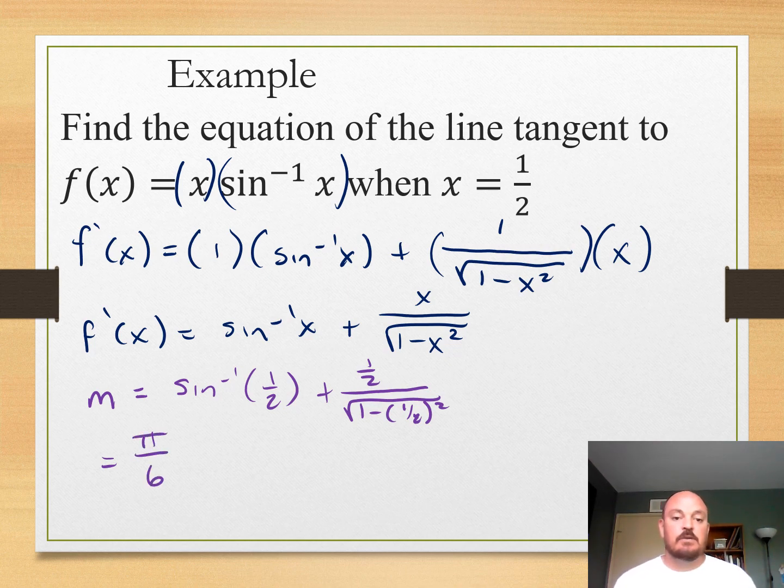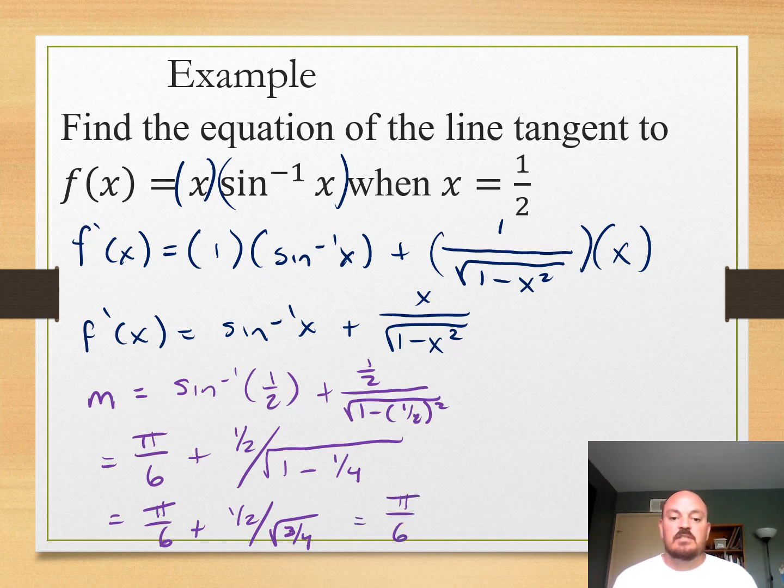Now for the rest of it, we just need to clean up using ordinary math. So inside the square root, let's leave the 1/2 for now. And inside the square root, 1/2 squared is 1/4. So what we end up with, we have the square root of 1 minus 1/4 is 3/4.